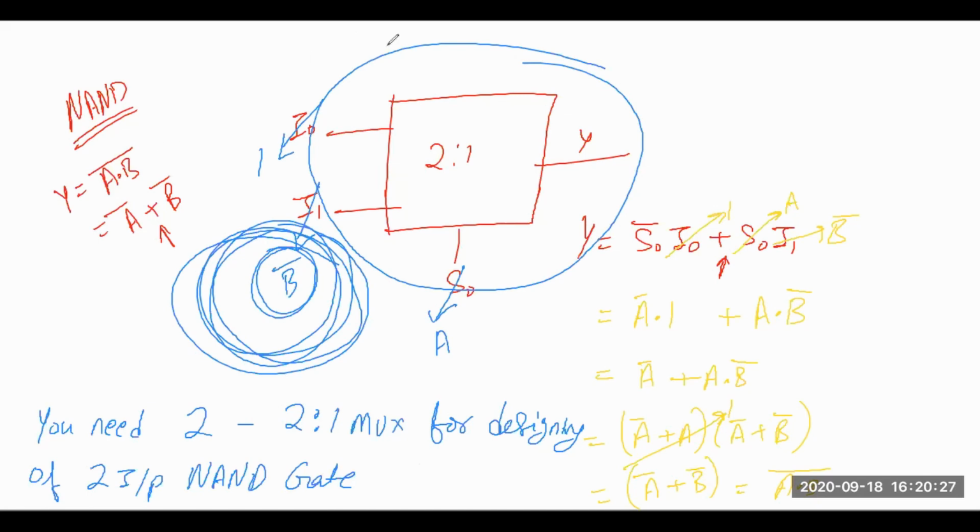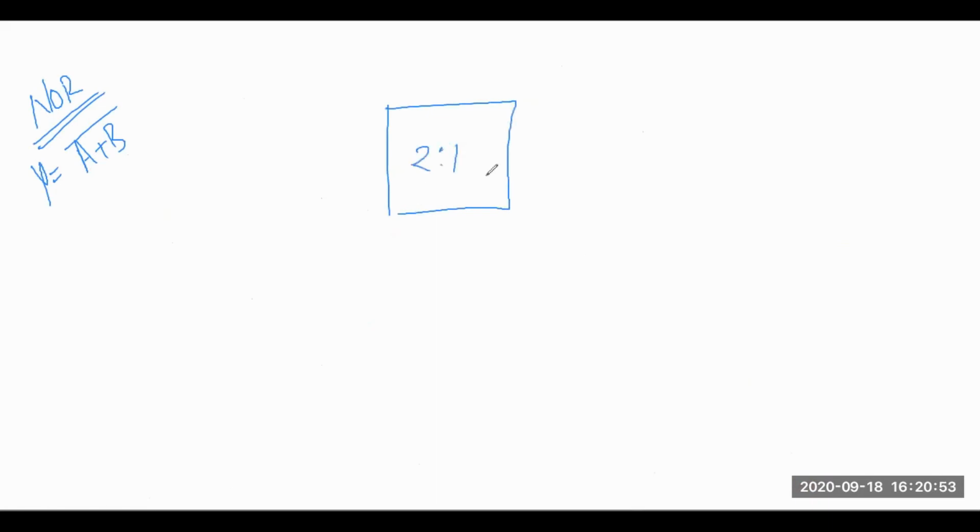Let's go to one more gate, which is the NOR gate. Your output expression needs to be the complement of OR, so A plus B whole bar you need to design. Let's take this 2:1 multiplexer again.